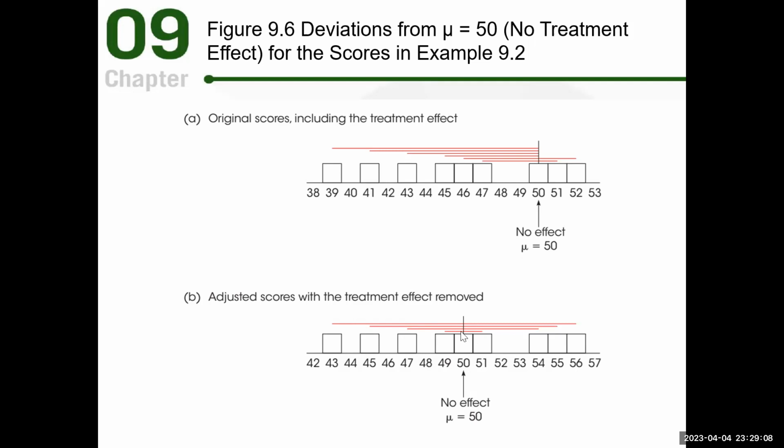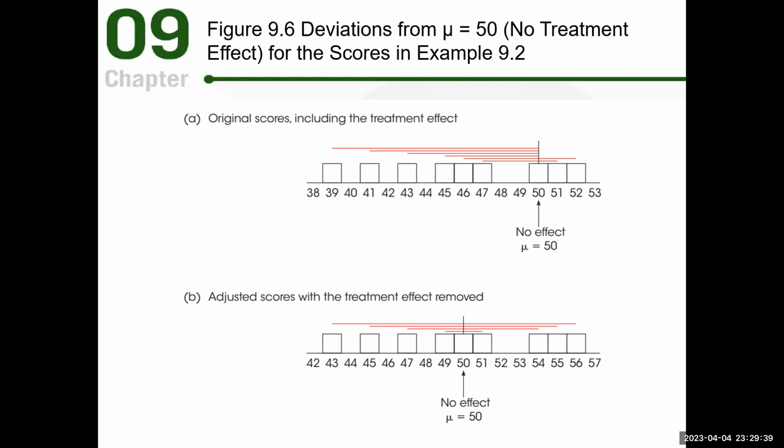So instead of the 39 being 39, it turned to 43. The 44 turned to 45. The 43 turned to 47, and so on and so forth. They removed the variability in the scores by adding 4 to each score in the adjusted scores.